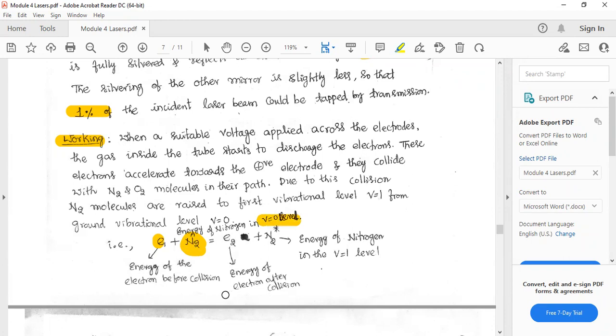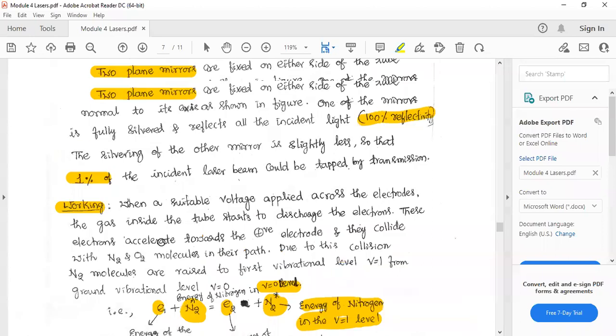V0 represents the ground level of the nitrogen molecule, and hence these electrons slow down and nitrogen becomes excited. N2 star represents excited nitrogen, or nitrogen at the V equals 1 level. This is the equation which summarizes these things.